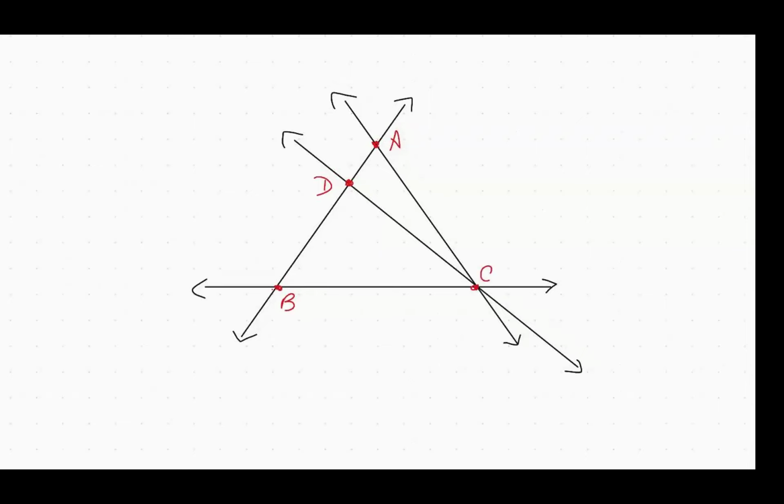Okay, now first you have to name all the collinear points. Second question is name three concurrent lines.